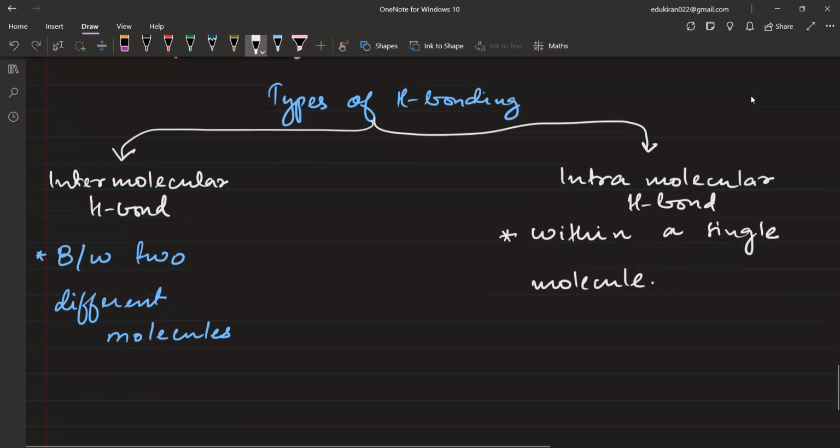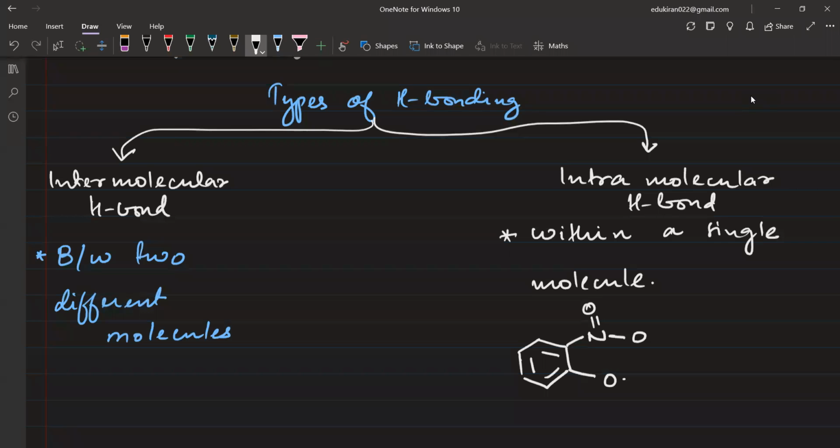Okay, just write one molecule. Nitrogen, double bond oxygen, and here we are having OH. So seeing here, this is the hydrogen bond. So it is within a single molecule. Okay.